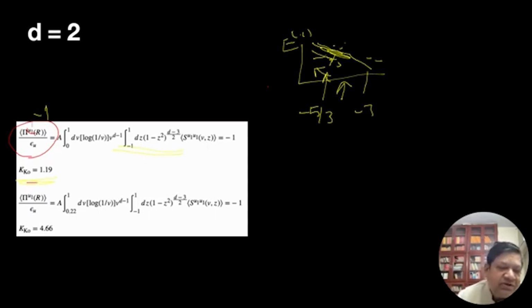However, in numerical experiments, and in some real experiments with soap films and so on, people find that the Kolmogorov constant is around 6 for 2D, and we are getting 1.19. So that's not looking very good. I did this by hand, so I do believe there is some issue.